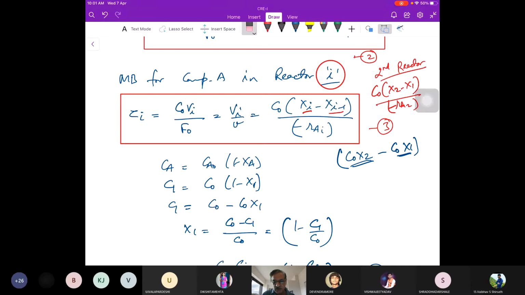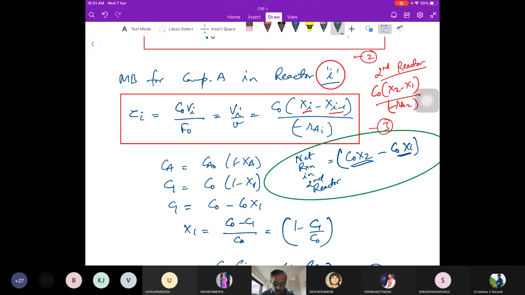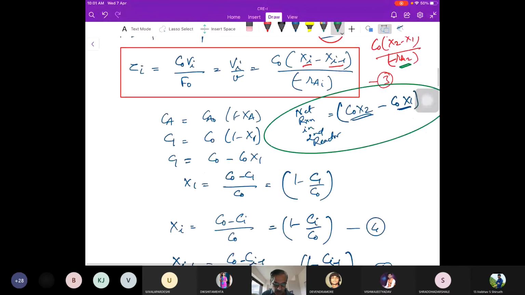Yes, sir. ठीक है? And that's why we are taking C naught into x2 minus x1 or xi minus xi minus 1. And rate of reaction is for that particular reactor. उस reactor में क्या rate of reaction, because concentration every mixed reactor में different है. ठीक है?